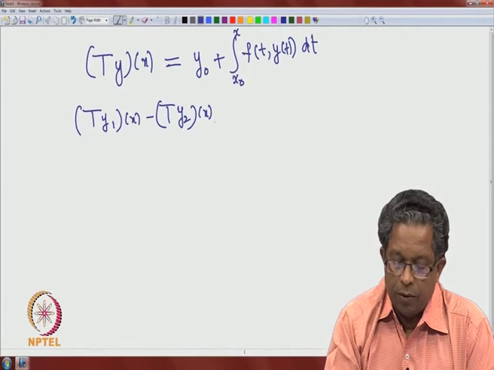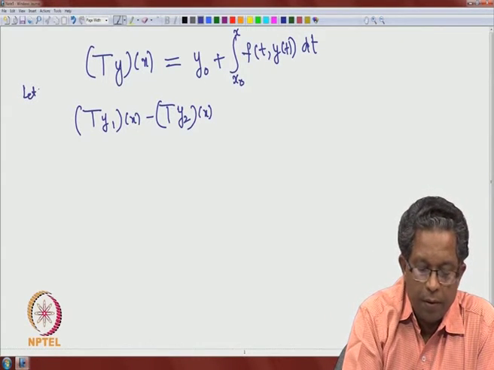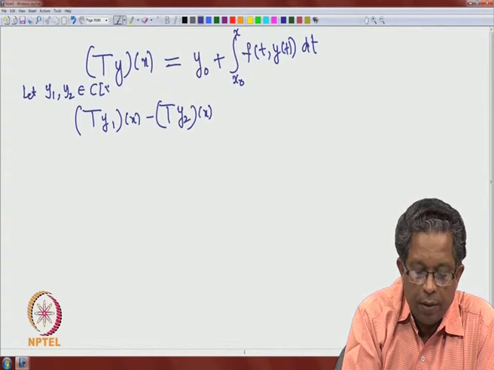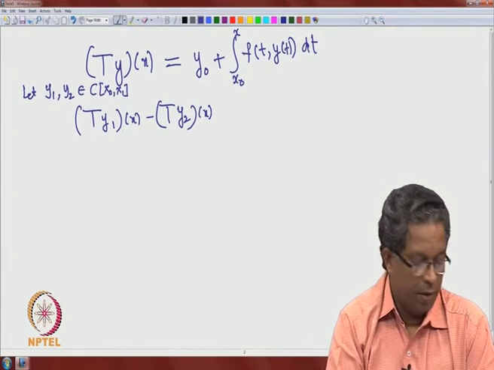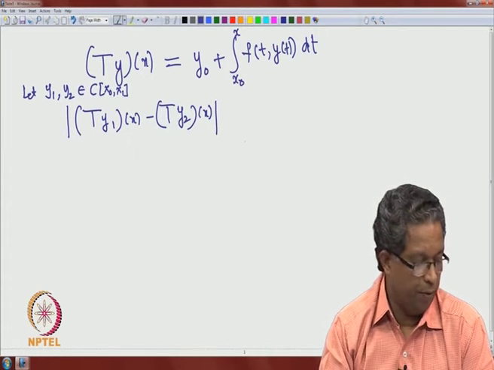Let y1 and y2 be two points in C[x0, x1], two continuous functions.